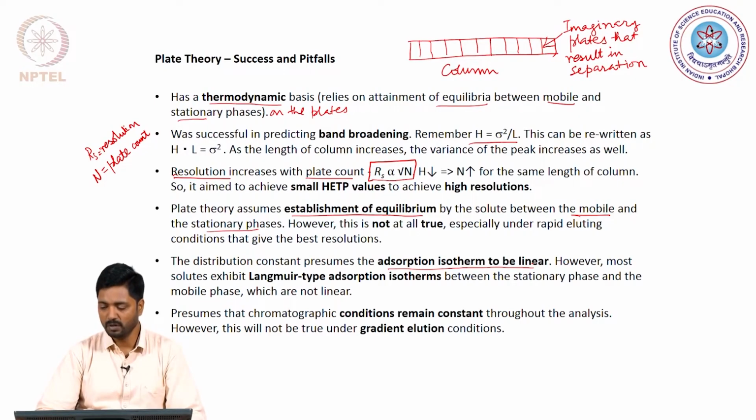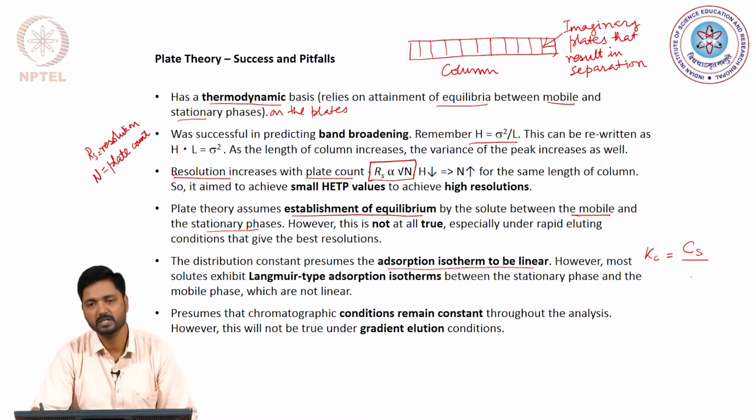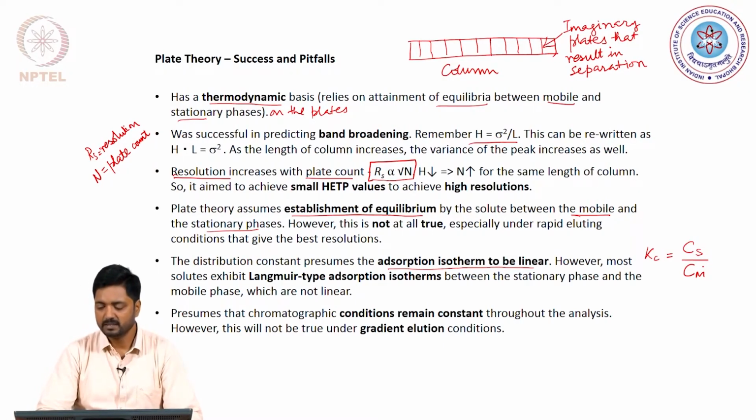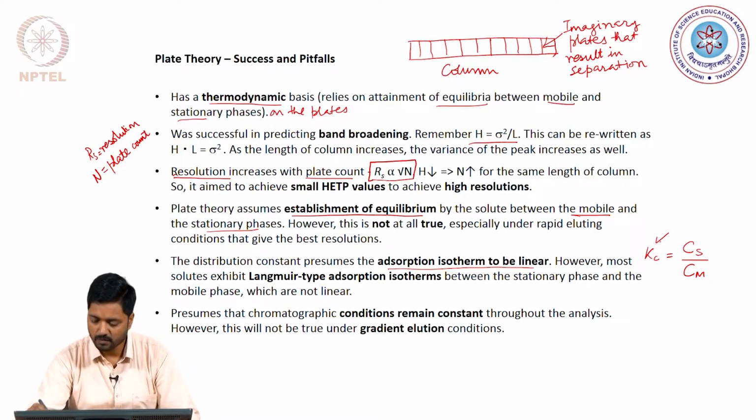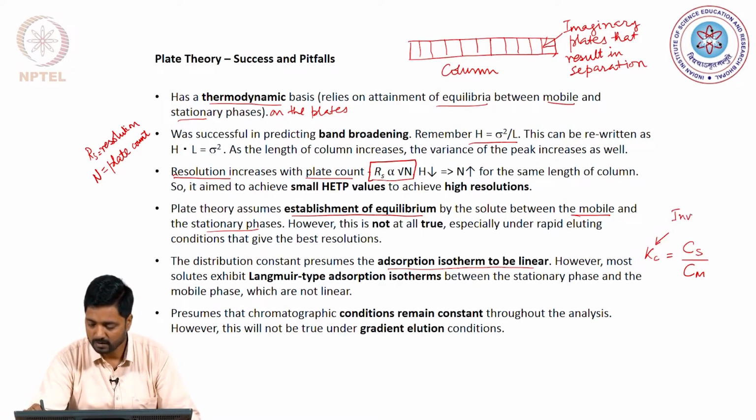If you recall, what we had written is that the distribution constant was the concentration of the solute on the stationary phase divided by its concentration in the mobile phase, and this distribution constant was thought to be invariant of the solute concentration.